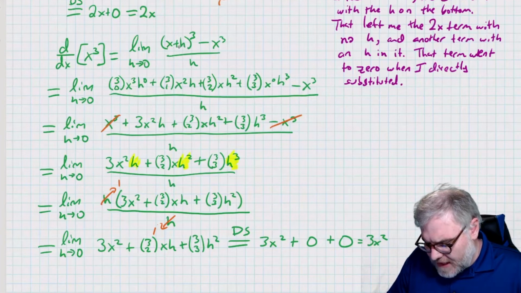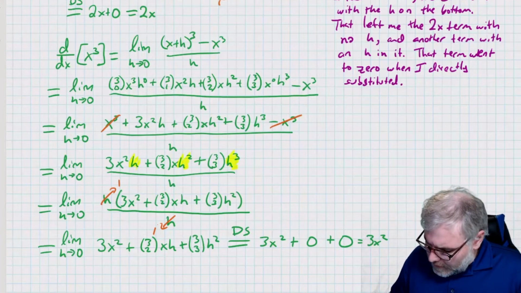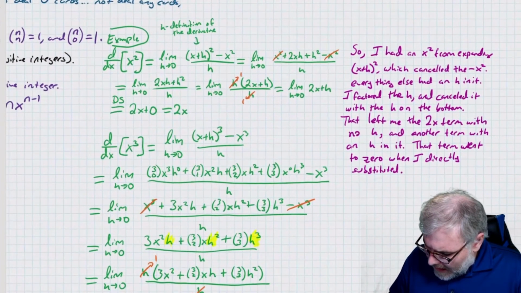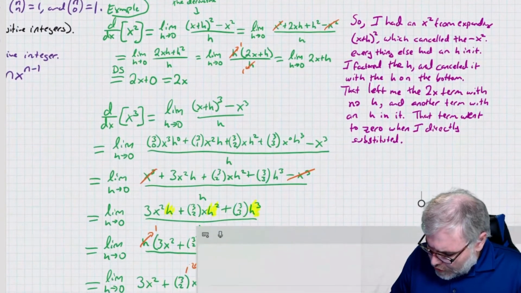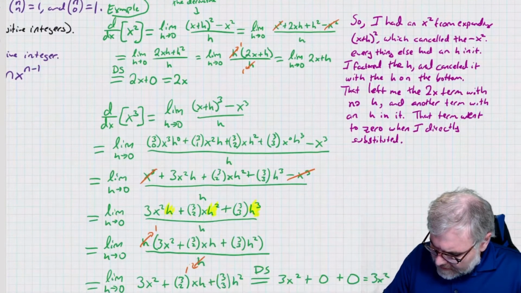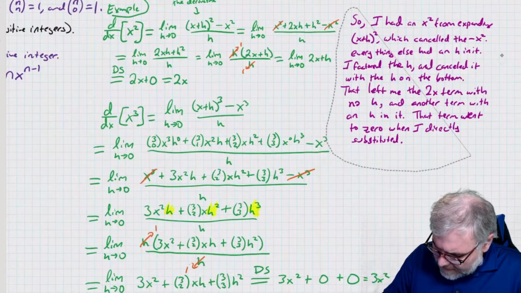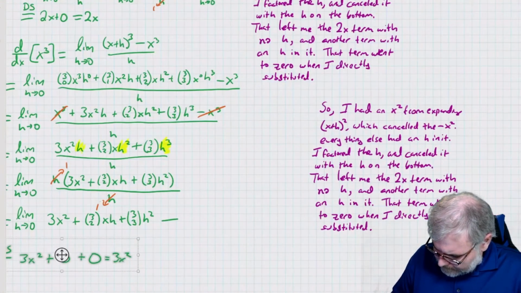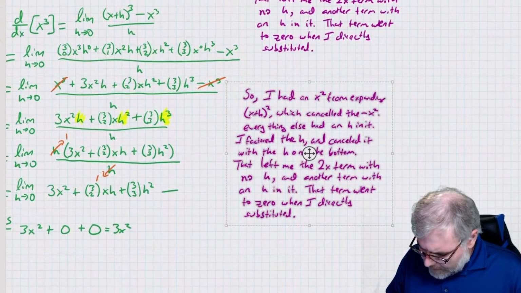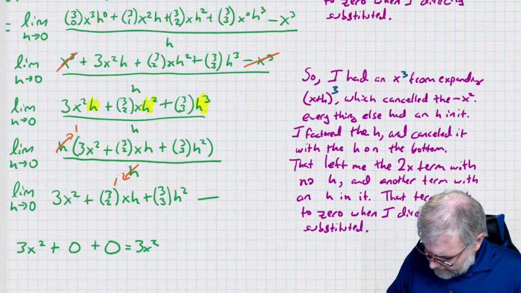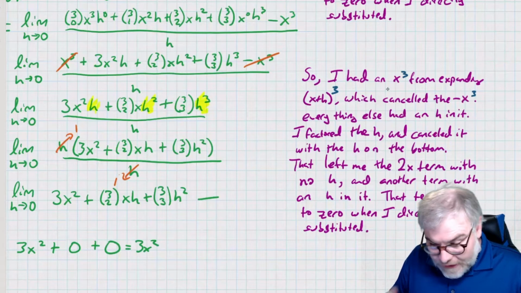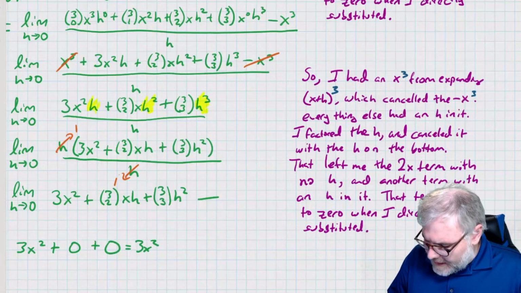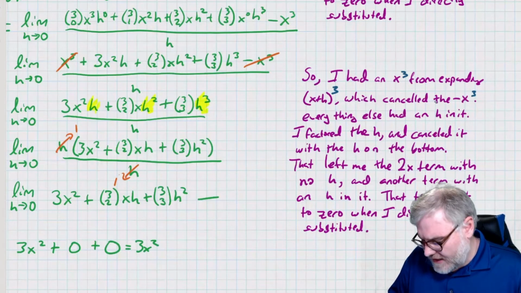I had x plus h cubed. Now, let's look at what happened again. I've got the exact same directions here, but let's modify them. So here are the instructions I had. All right, so let's modify our instructions. I had an x cubed from expanding x plus h cubed, which canceled the negative x cubed.